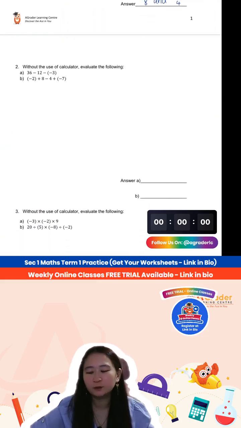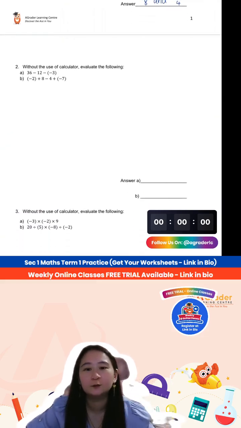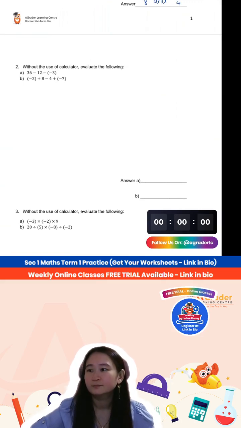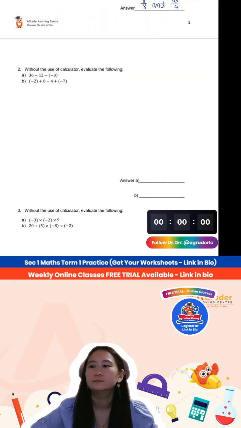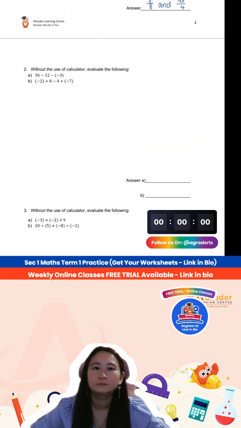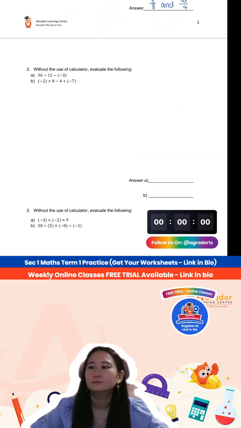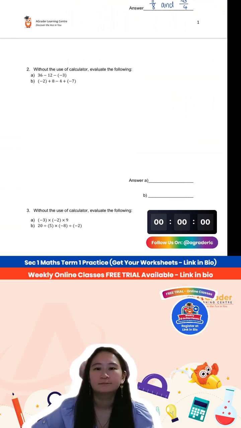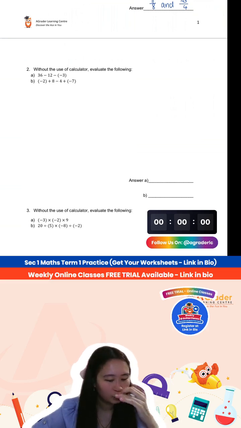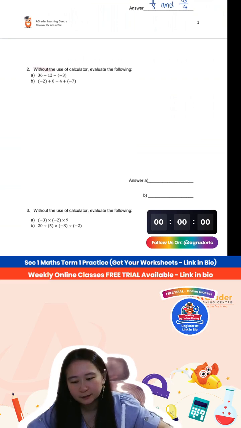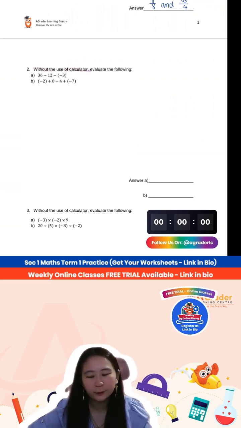Try question 2 and then send in your answers for question 2. Without the use of a calculator, evaluate the following.